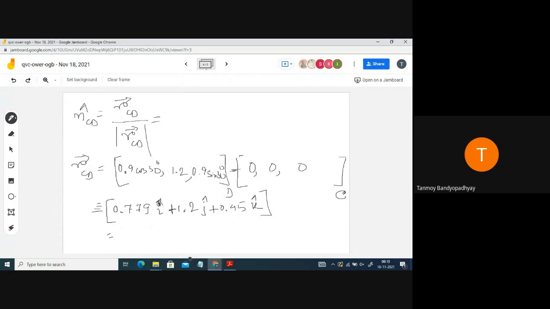Once you divide it by the magnitude, that is what your L1 will be. So 0.779 divided by the magnitude gives you L1, so that is L1 I cap. So the unit vector is L1 I cap plus M1 J cap plus N1 K cap.